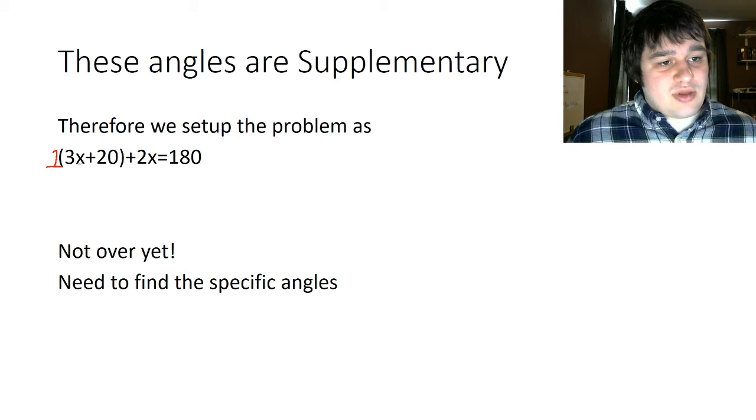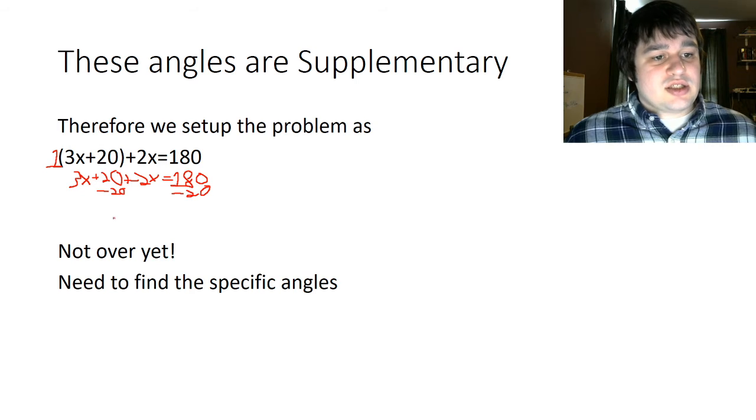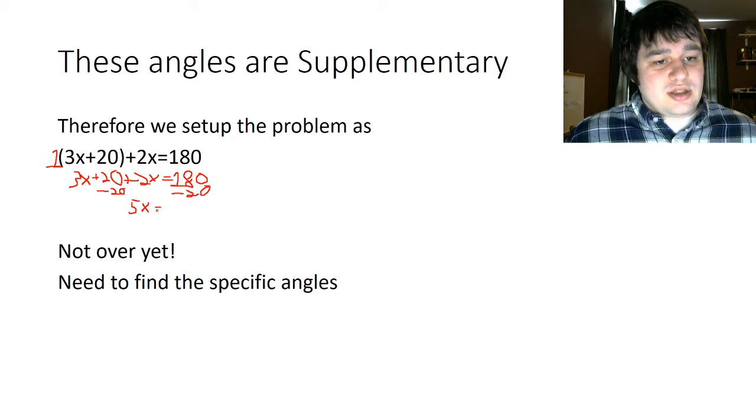So we have 3x plus 20 plus 2x is equal to 180. I can combine like terms, which is the x's, which is 5x. I can also subtract the 20 from both sides to get the terms on each side. So in the end, we have 5x is equal to 160.